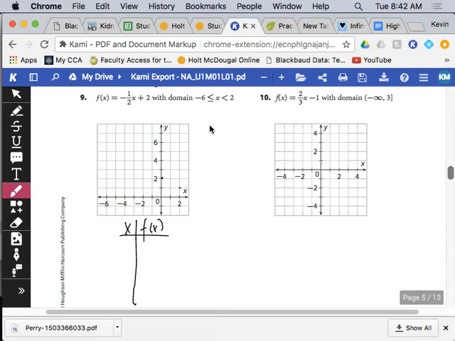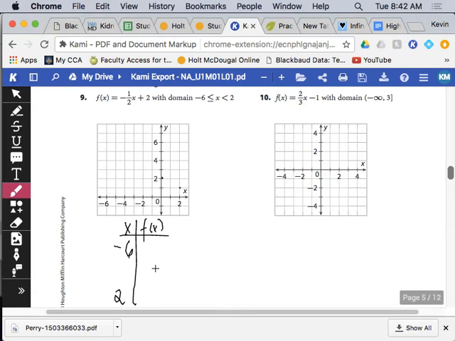Someone raise your hand. 2 would be a good choice for my final point, my end point, but what would be my first point? -6. Why should I choose -6? Because it's the starting point. Yeah, it's the beginning of the domain. So I should choose -6 and +2.